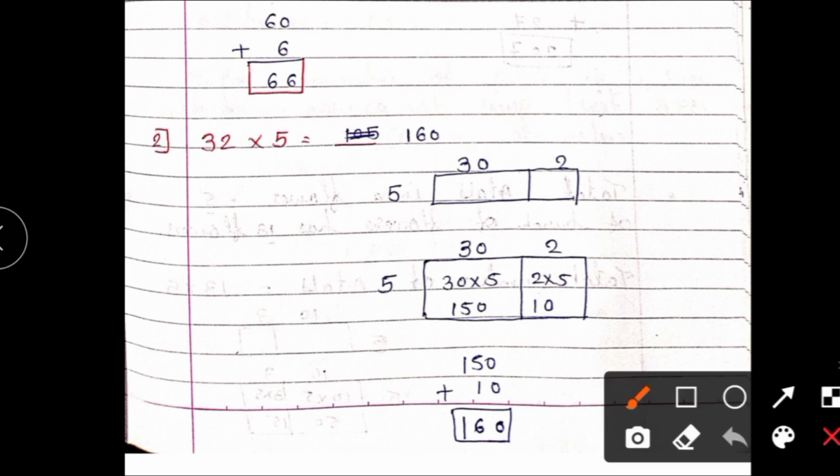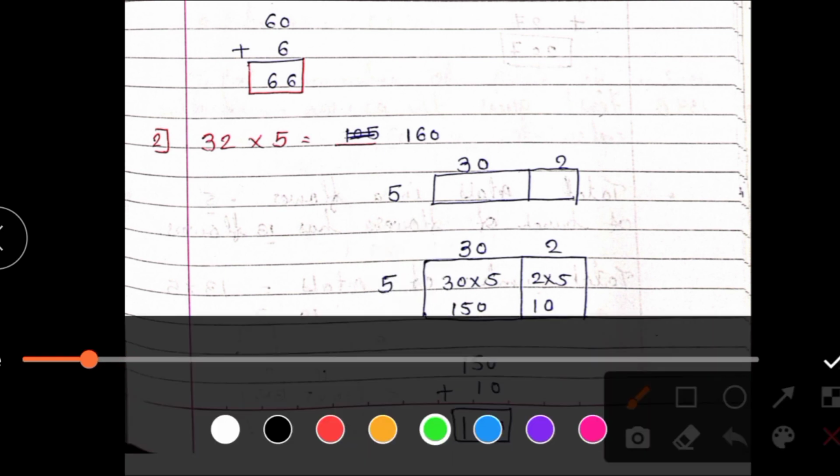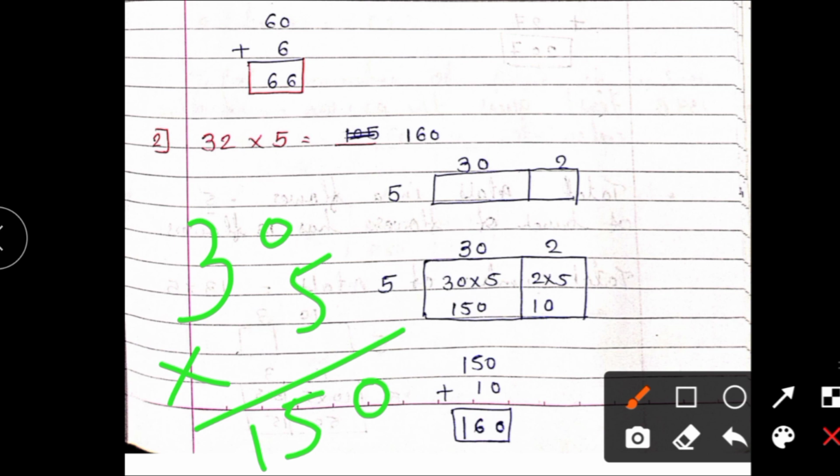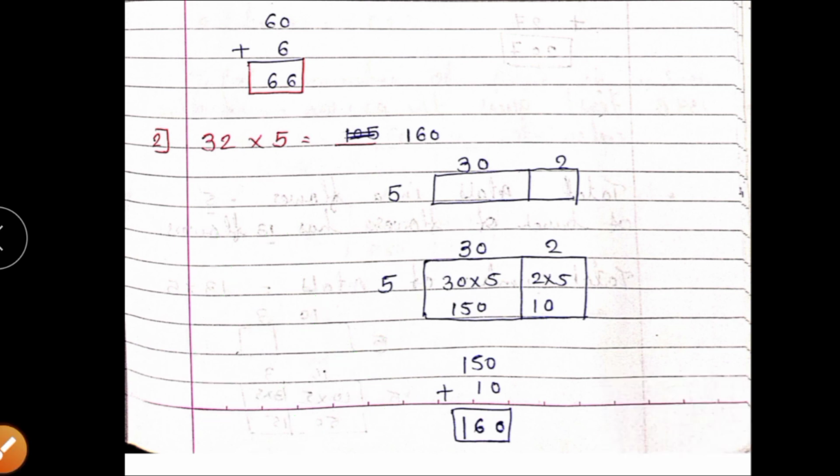Okay, 30 multiplied by 5. 5 zeros are 0 and 5 threes are 15. We know that any number multiplied with 0 gives the answer 0. And 2 5s are 10. Now let's add 150 plus 10, 160.